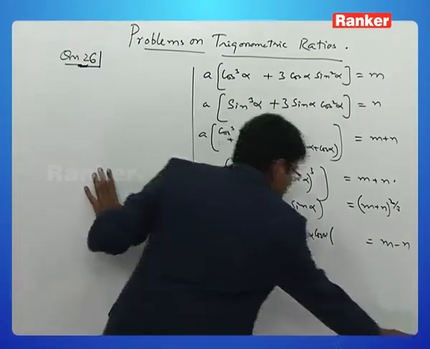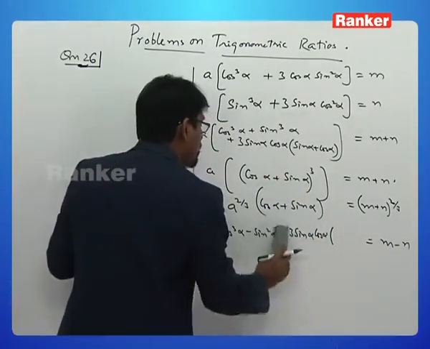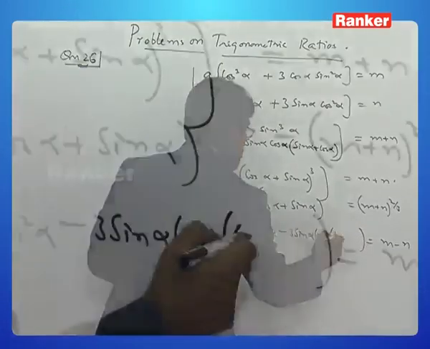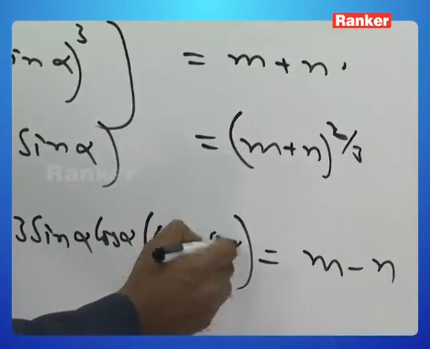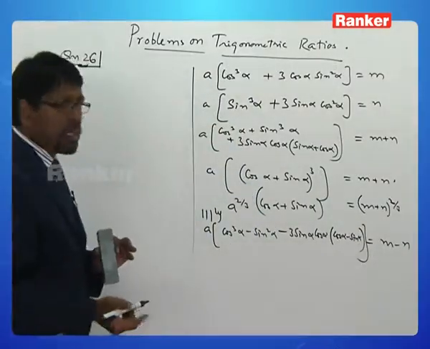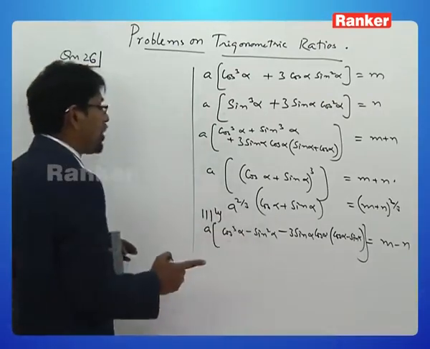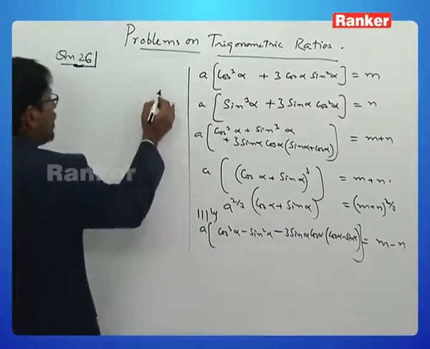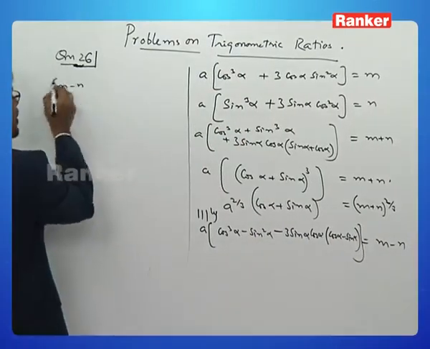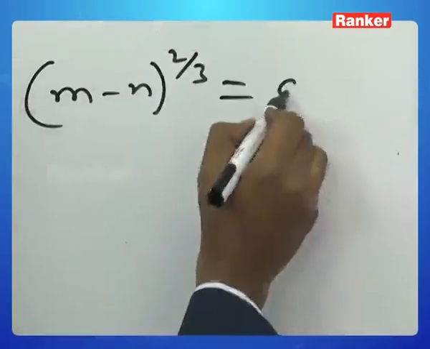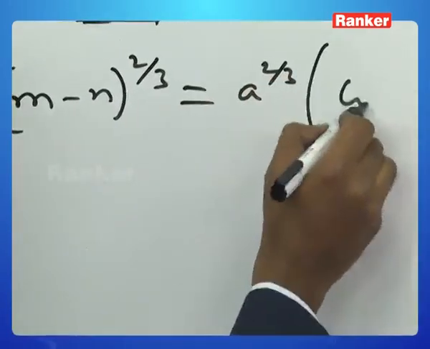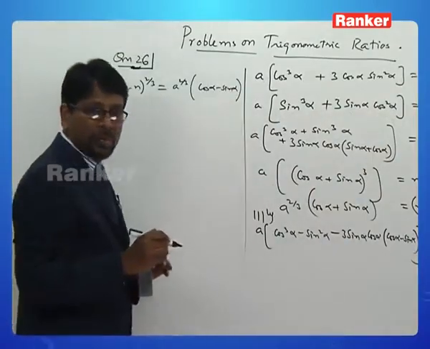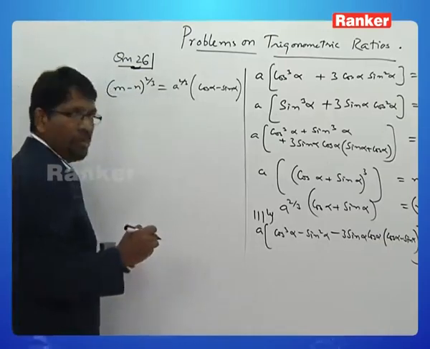So I'll write it as minus of 3 sin alpha cos alpha into cos alpha minus sin alpha. This turns out to be cos alpha minus sin alpha whole cube. So m minus n raised to the power 2 by 3 will be a power 2 by 3 into cos alpha minus sin alpha.